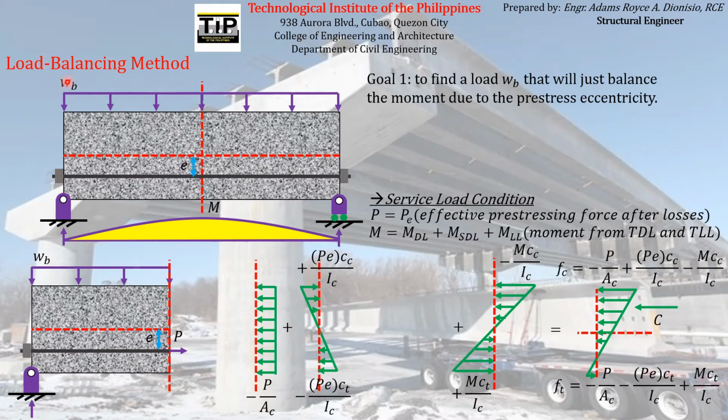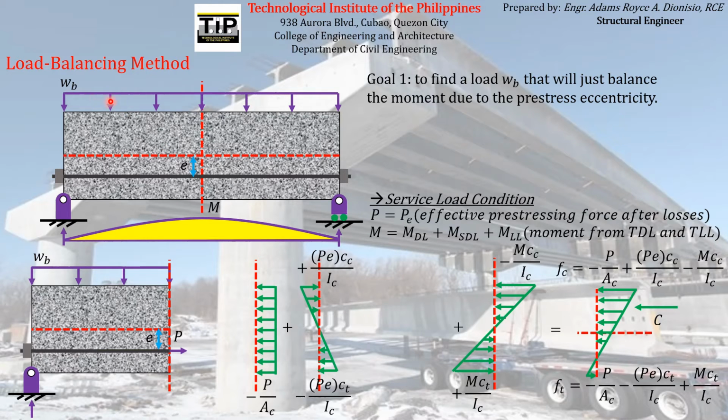So you can expect that the magnitude of this balanced load here is lesser than the sum of the total service loads, which are again the dead load, live load, and the superimposed dead load.